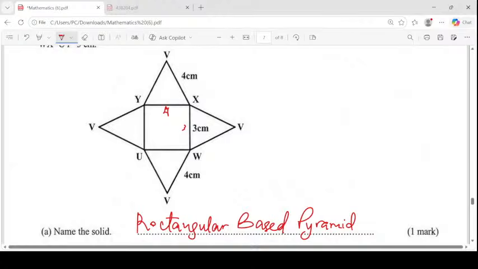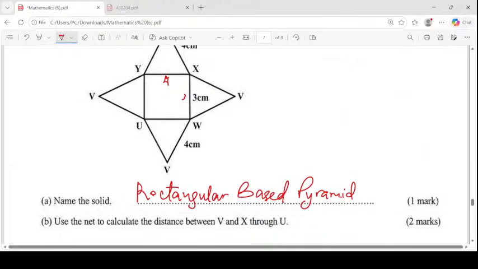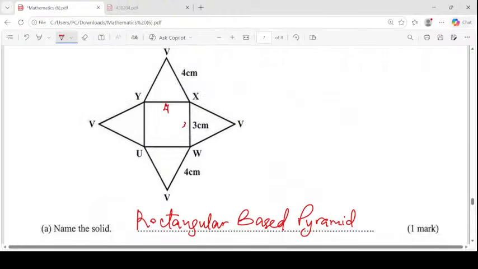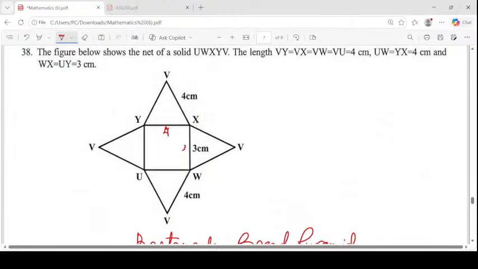We need to get VU, then UX. The best way to get it, we need to close this net. V to X through U. This is 4.